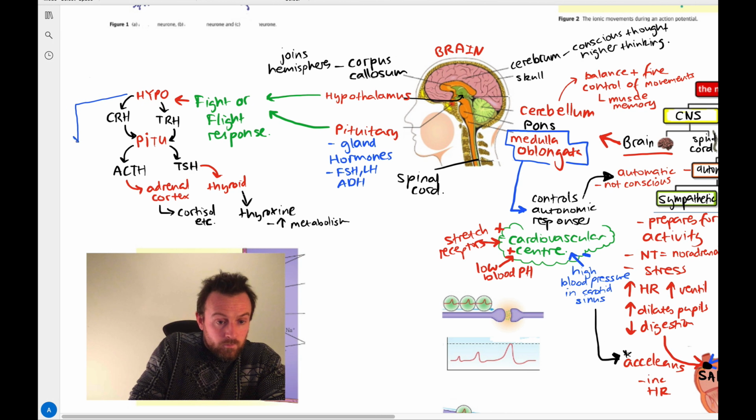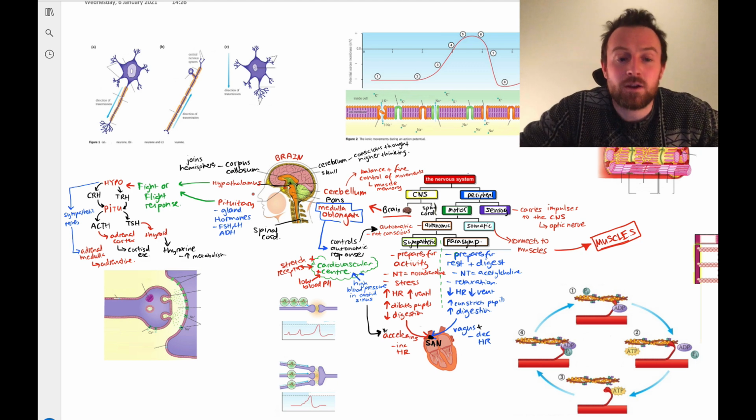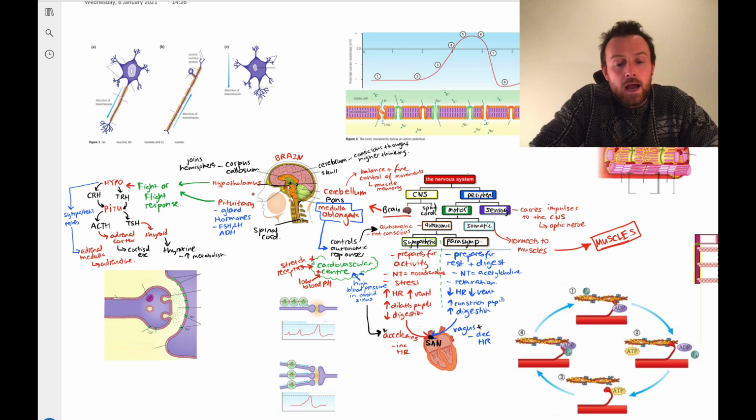So sympathetic nerves, and that will go all the way down to the adrenal medulla. And that releases adrenaline. Okay, so that covers pretty much all of the control of animal responses.